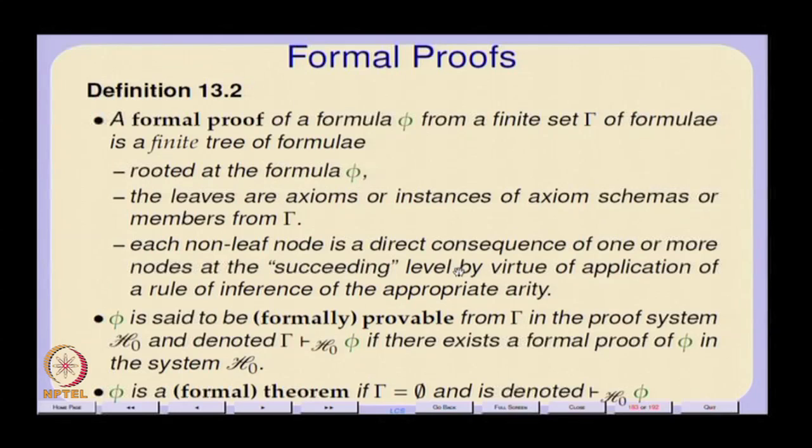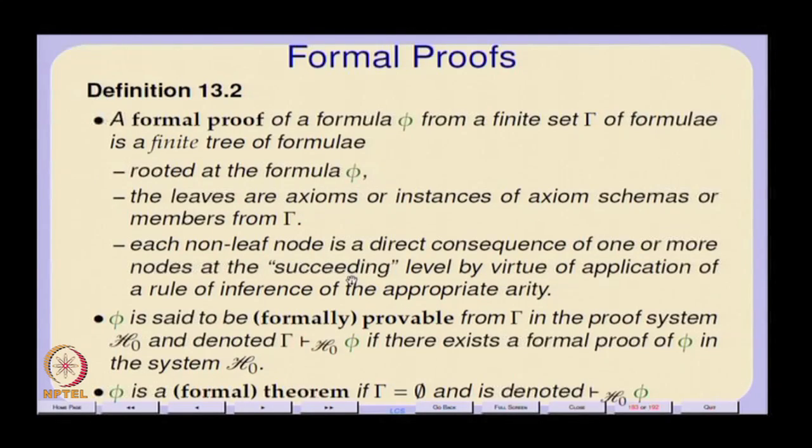So a formal proof, as far as we are concerned, of a formula phi is a proof tree rooted at the formula phi, such that the leaves are axioms or instances of axioms. Each non-leaf node is a direct consequence of one or more nodes at the succeeding level.